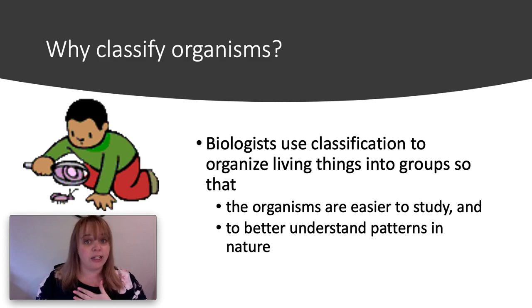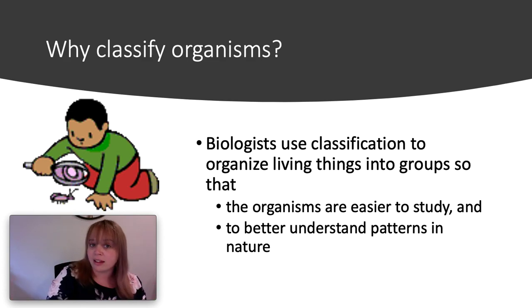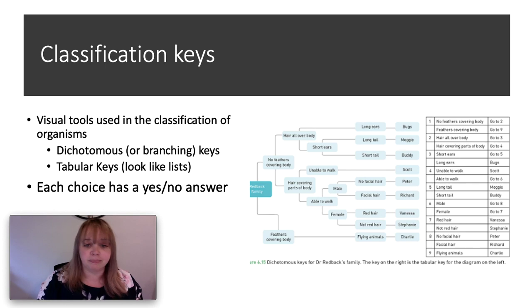Now, what other features do I have in common with other mammals? And it allows us to predict what other behaviors and what other features organisms might have if we classify them into particular groups. So the first task that you're going to be doing is about classification keys.